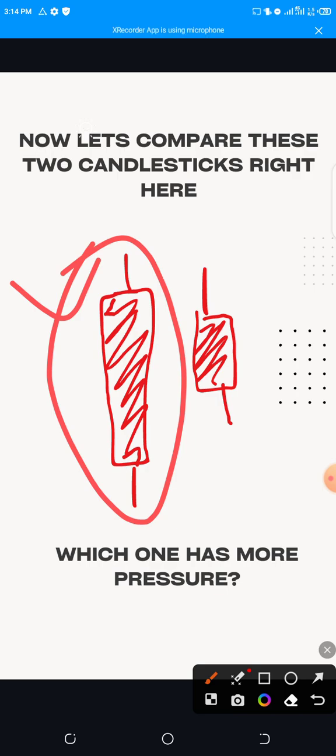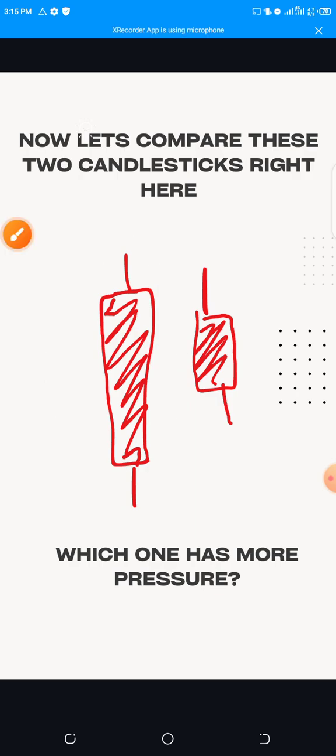As you can see, the first candlestick has a longer body than the second candlestick. And what it means is, the bigger the body, the more the pressure. So let's say these are bearish candlesticks over here. The first candlestick has more selling pressure than the second one.